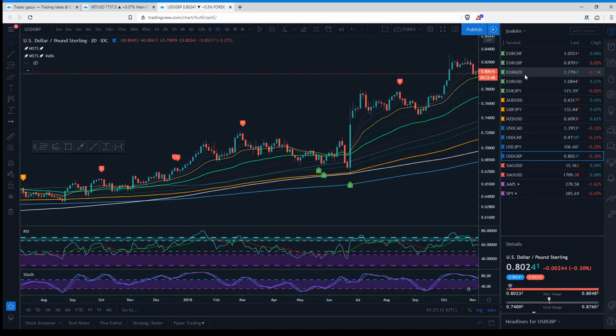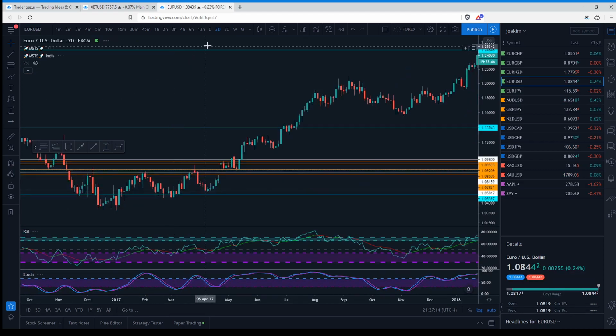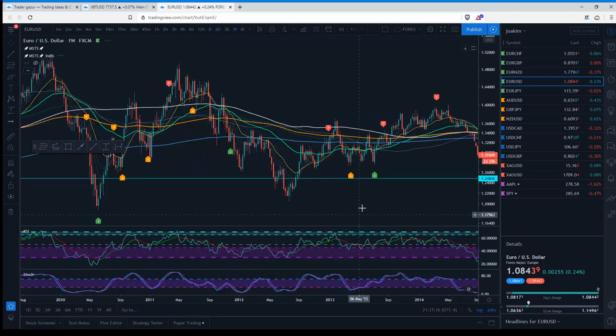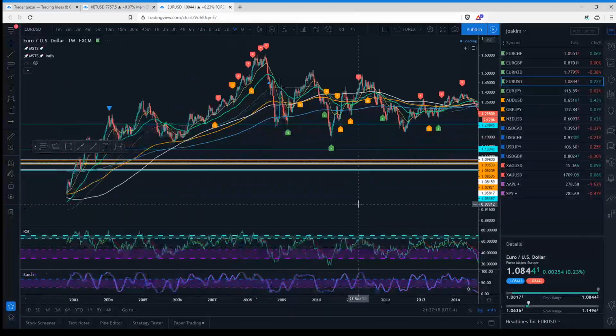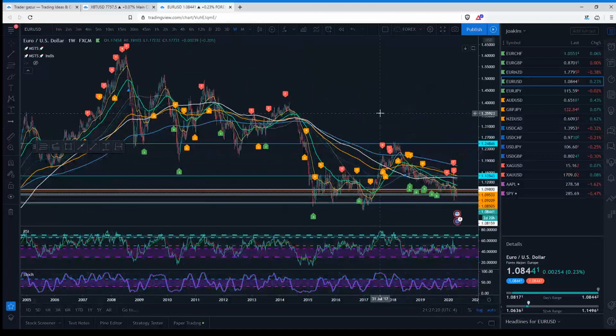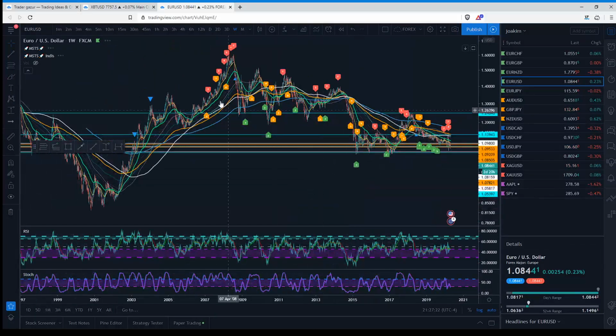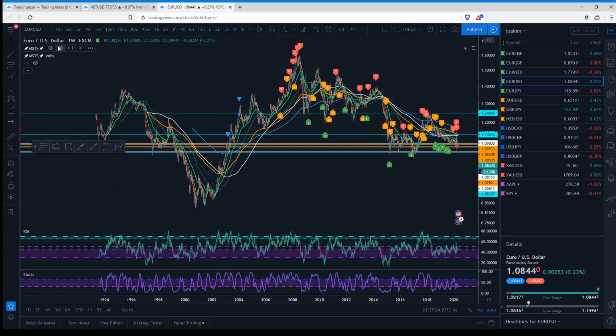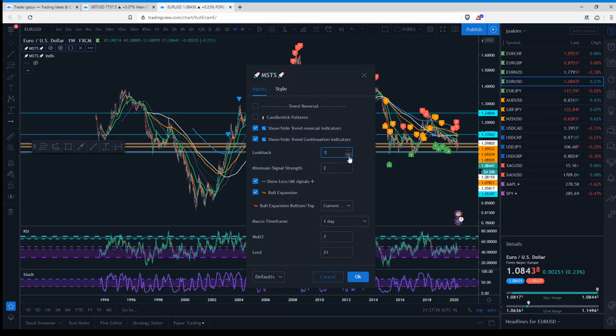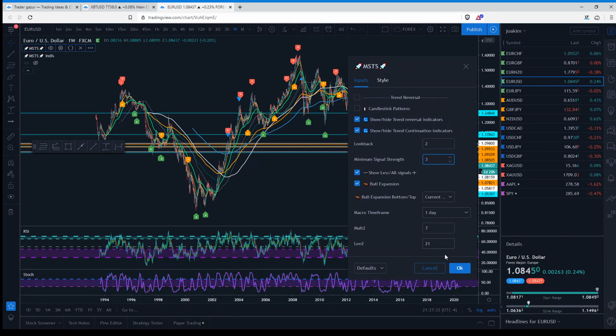Okay, let's do euro something. Let's go into the weekly. I've been testing my previous version of the script on Forex, and it works pretty well. Maybe a 2 and a 3. 2 and a 3, perfect.